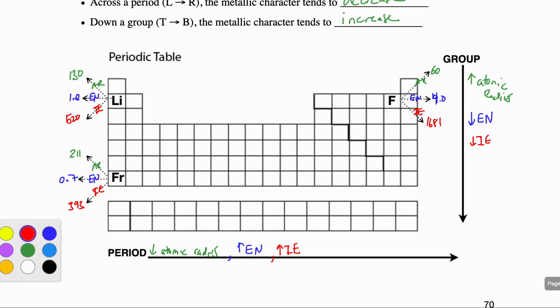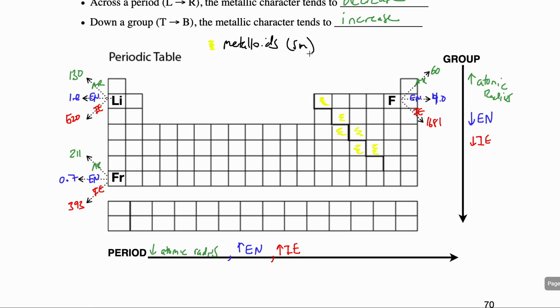Now, on our periodic table, I have the little stair step, and I'm just going to shade these particular spots with a little bit of yellow. Where I shaded these in yellow, they represent metalloids.